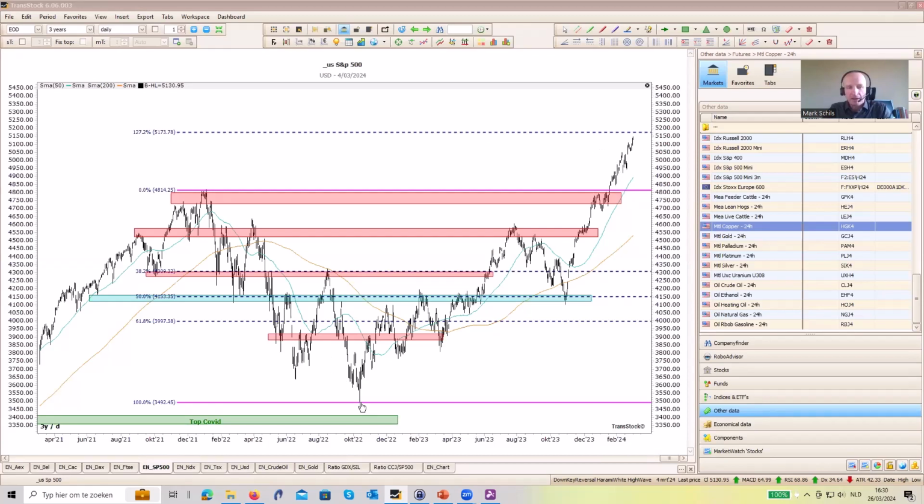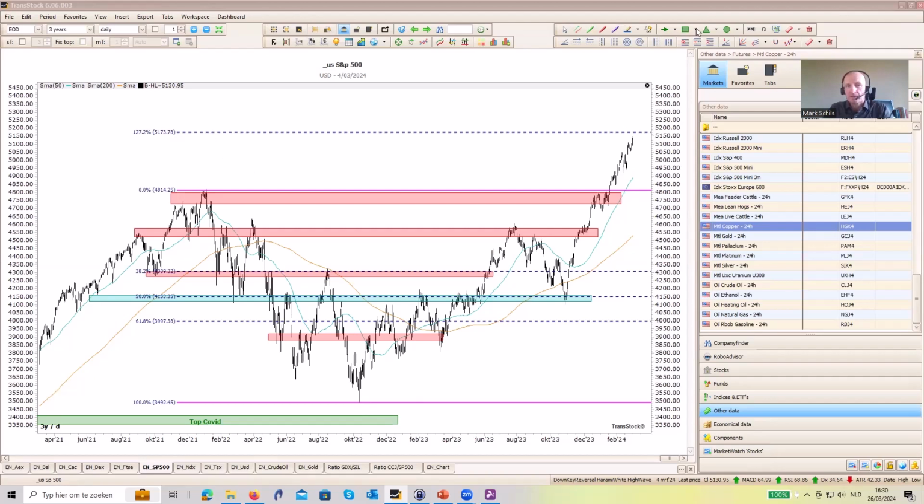Last time I added a Fibonacci line between the low of October 2022 and the high of end December 2021, and we have a target for the Fibonacci around the number 5,200.